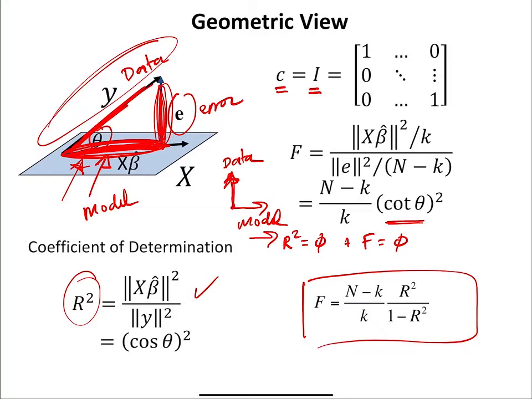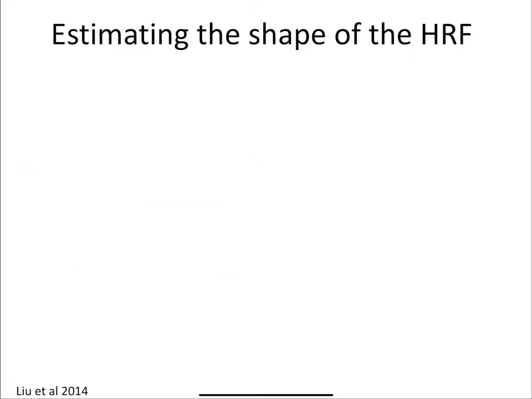What I can explain is nothing. I can't explain anything. Okay? Because this is my model space. All right. So we'll come back to this picture because this picture is going to be useful for us when we look at nuisance regressors and how correlated regressors and nuisance regressors can affect your interpretation of your data. Okay, so before we move on, are there any questions on that?